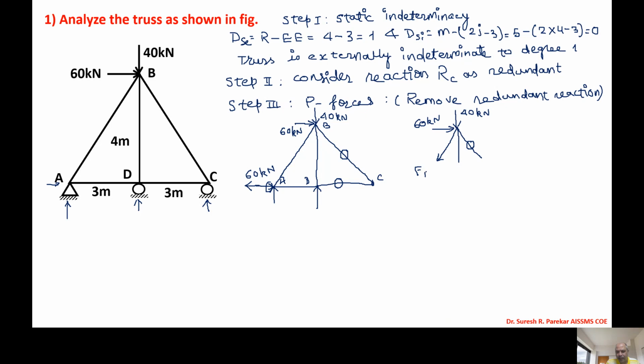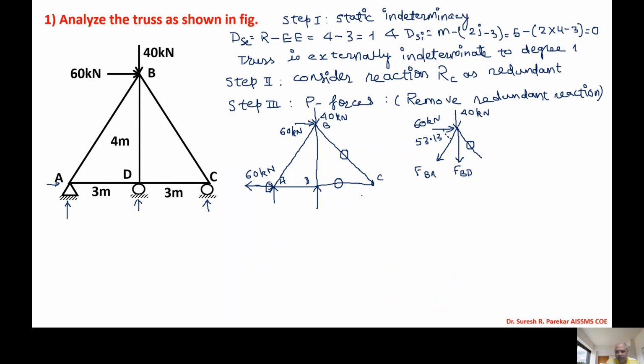So we have FBA and FBD. Now if we calculate the angle, this angle with the horizontal is 53.13.